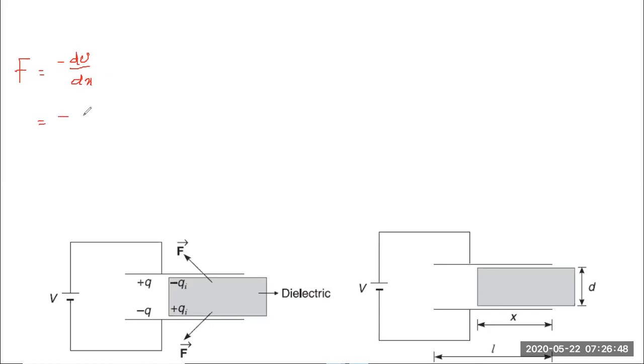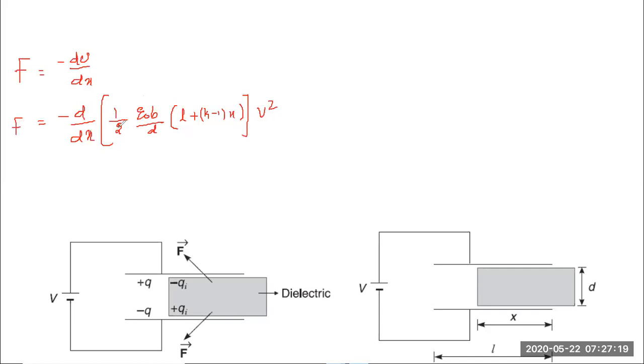Then minus d by dx of half into C, where C is epsilon naught B by D into L plus K minus 1 into X, into V square. Substitution is completed.